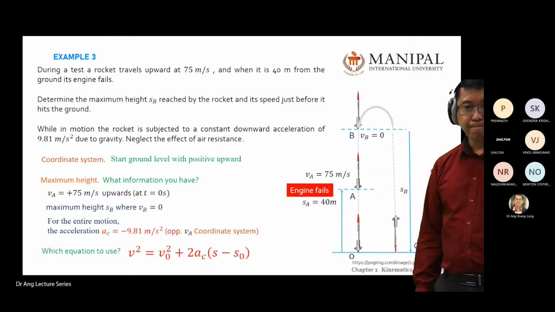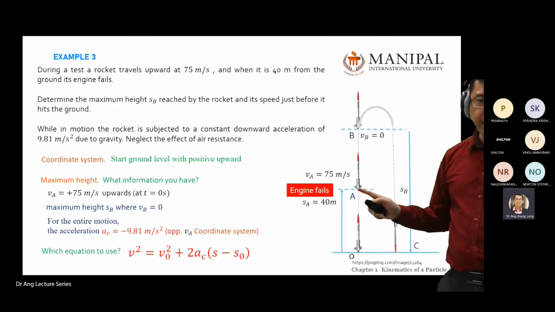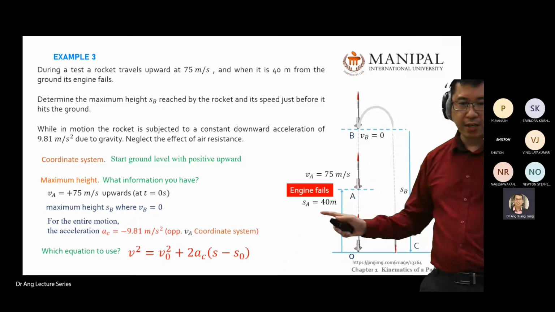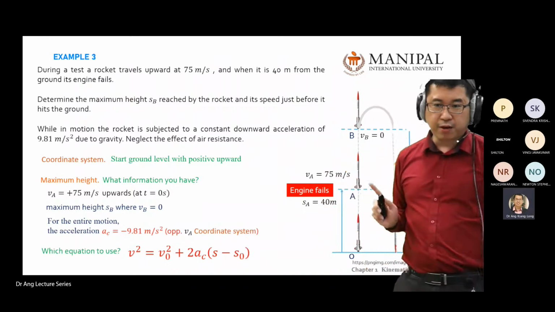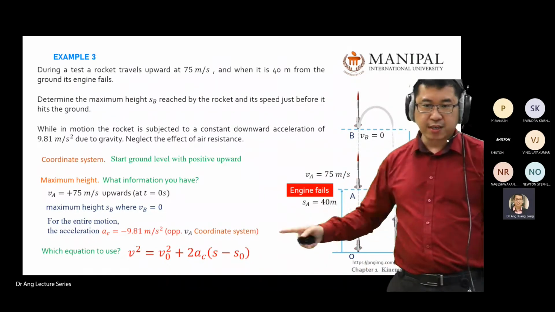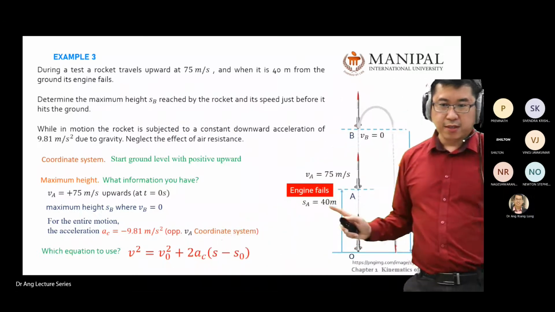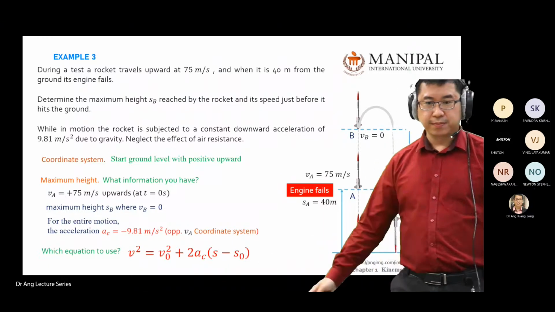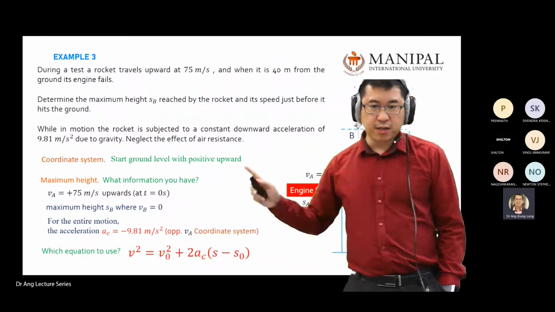So that's why you substitute the value at A inside here. The value of VA, 75, over here, and SA over here. Acceleration, gravity. This one is the final velocity, you know, 0.